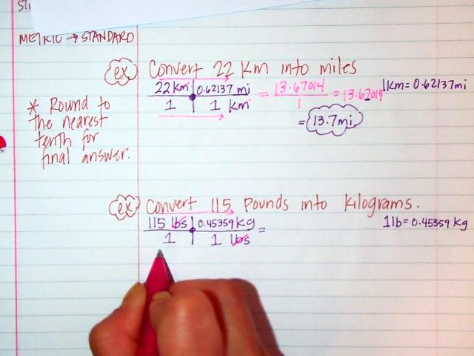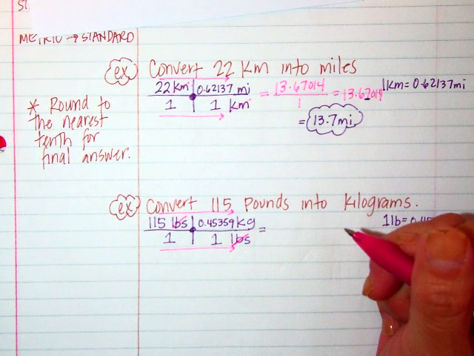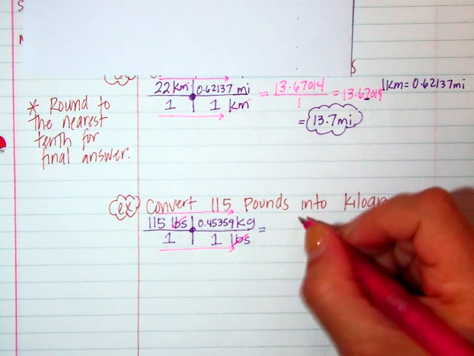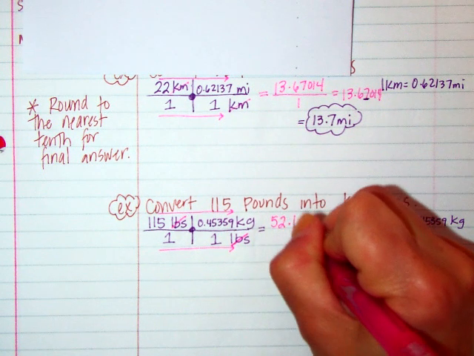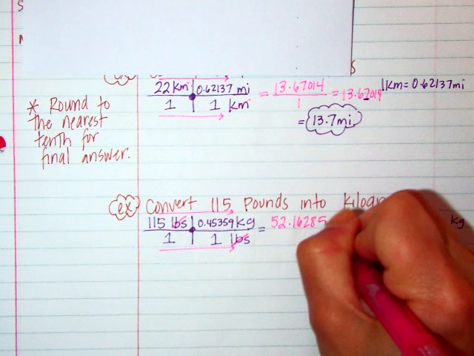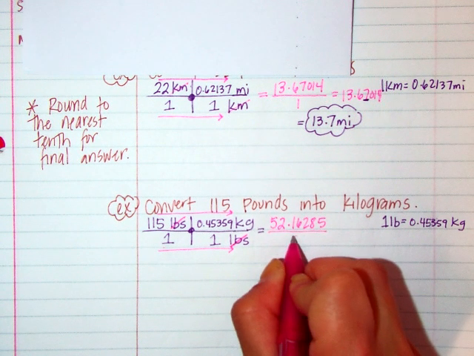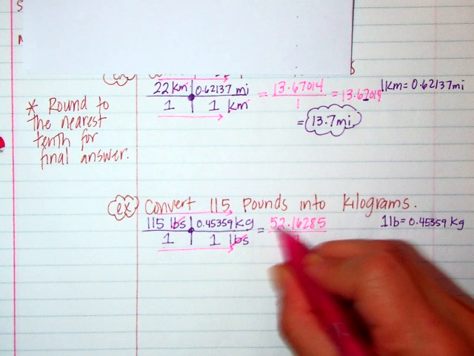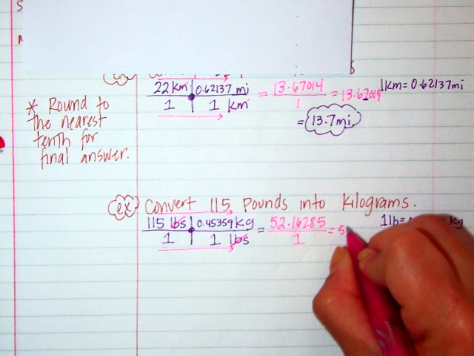So with your calculator, multiply 115 times the 0.45359. When you do, you should get 52.16285. And when I multiply 1 by 1 on the bottom, in my denominator, I get a 1. Again, dividing this by 1 will give us that same answer, so 52.16285.